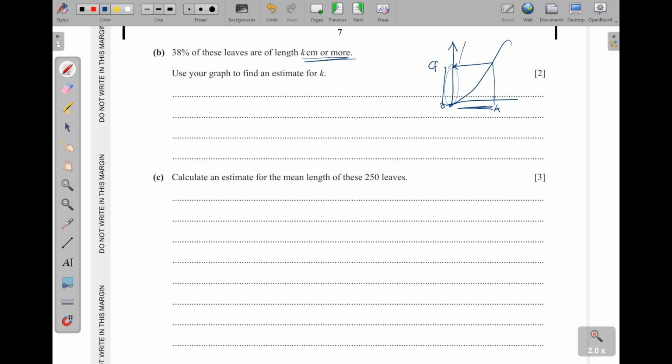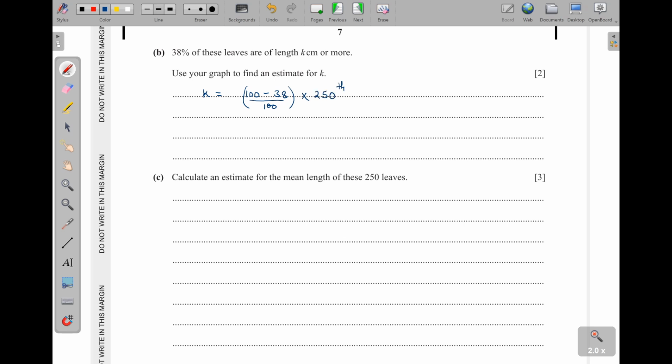So what you can do is to first subtract off this 38% from 100. So we shall get our k as 100 minus the 38, the other percentage that is remaining, times the summation of f, which was given as 250.